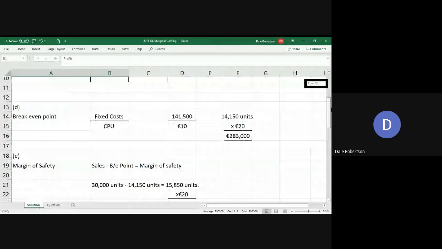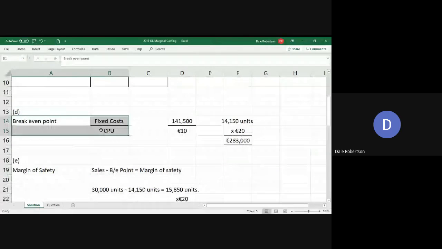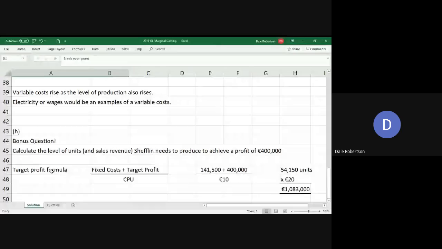Can I remind you of the break-even formula, which is fixed cost divided by CPU? Well, the target formula is almost the same. You add the target profit into the formula, and you divide that by 10. Logical?